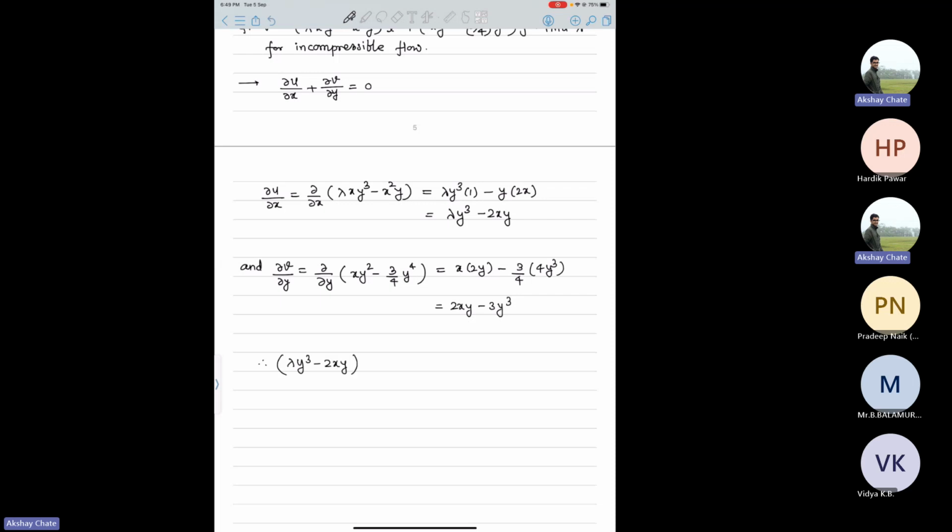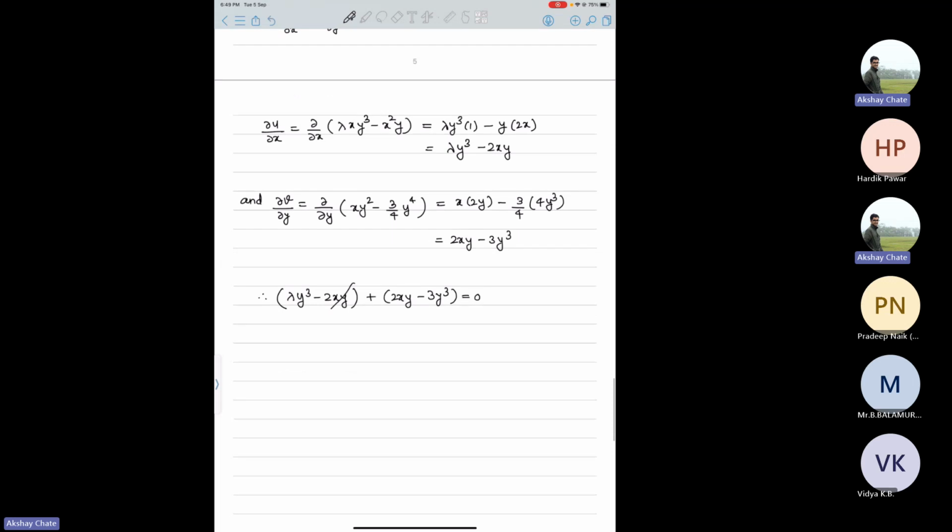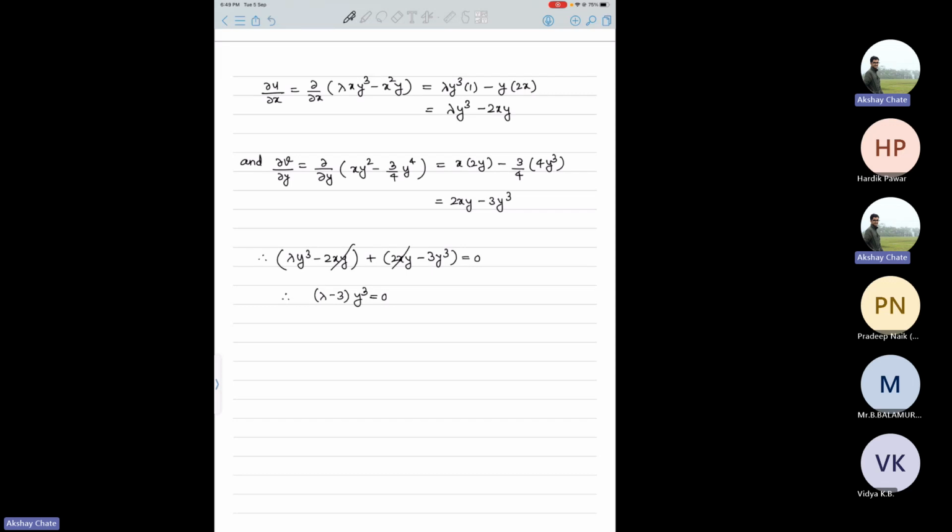Therefore, the summation of these two quantities should be 0. This is your first quantity plus 2xy minus 3y cube equal to 0. So this 2xy gets nullified. Therefore, lambda y cube minus 3y cube equals 0. And we know that y cannot be 0 for all cases.